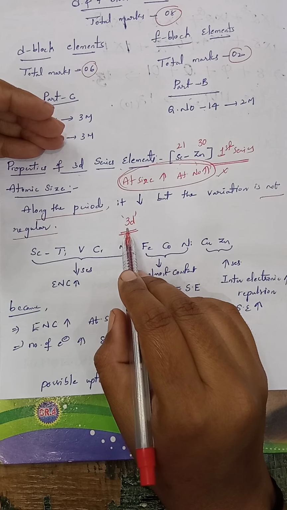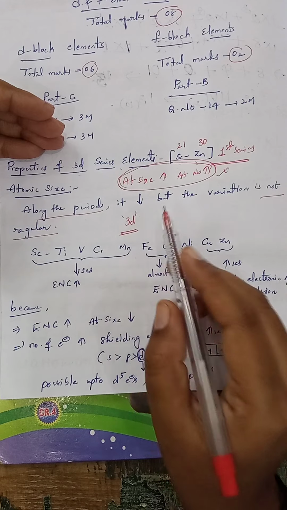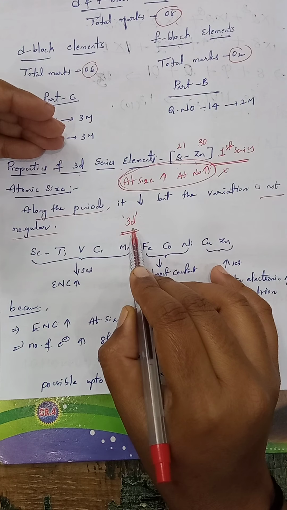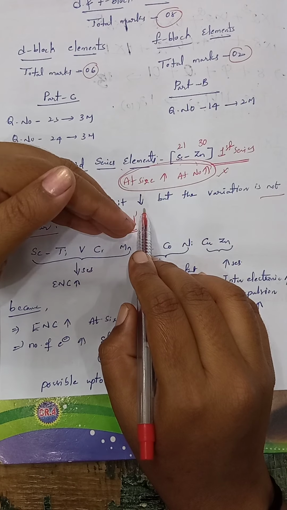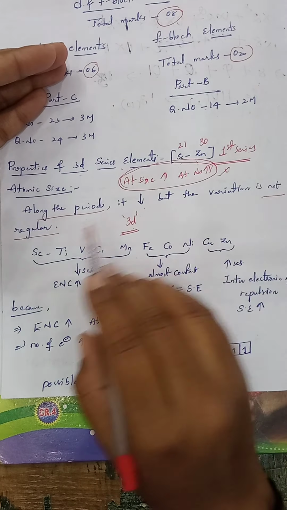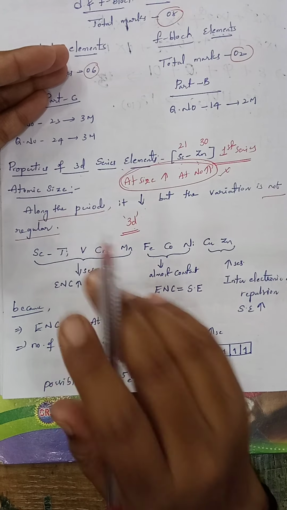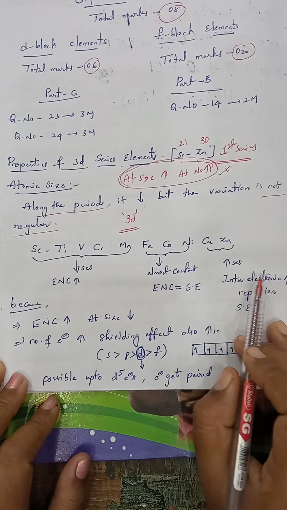In these 3D series elements, the electrons are gradually added into the same subshell, so there will be some decrease in the atomic size with increase in atomic number, but this variation is irregular. Now we will see the different elements in the 3D series.